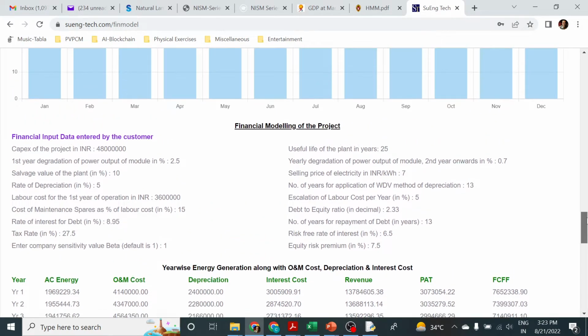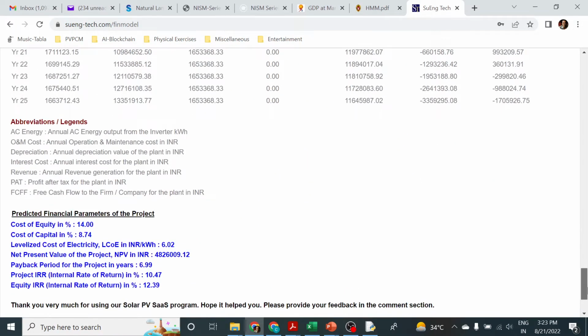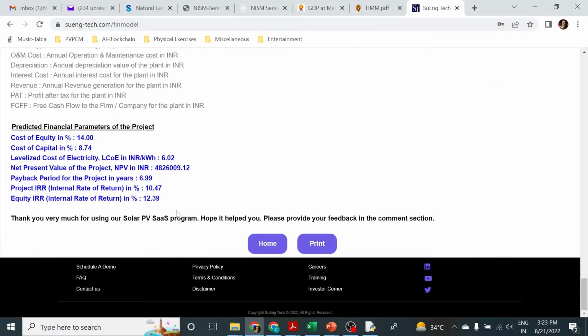So friends, here are the various financial inputs that we had given, and then you can see the AC energy in kilowatt hour, then the financial output is, so the project IRR is 10.47%, equity IRR is 12.39%, the levelized cost of electricity is 6.02 rupees per unit, and the net present value is 48.2 lakh.